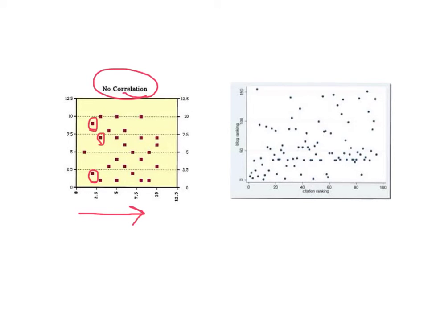So here we can't see a definitive pattern like we could in the previous examples. So here we would say there is no correlation. There is no trend. If we were to plot quantities comparing two different kinds of data, we would say there's no trend or no correlation here.